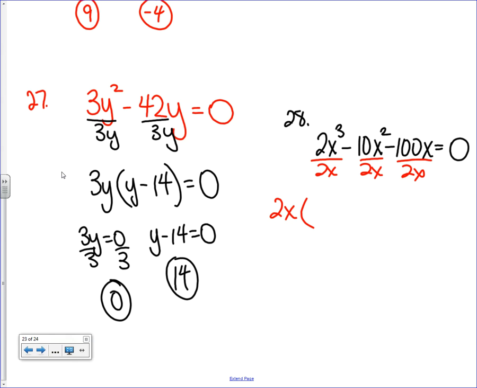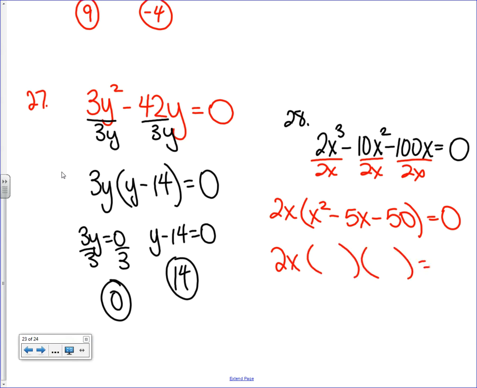Now the 2's canceled. Just x squared. How about here? Minus 5x. Everybody doing okay there? Sure? Okay. Now, how many terms does this have? So I can do something with this. I'm going to drop down the 2x, and then I'm going to make my binomials.